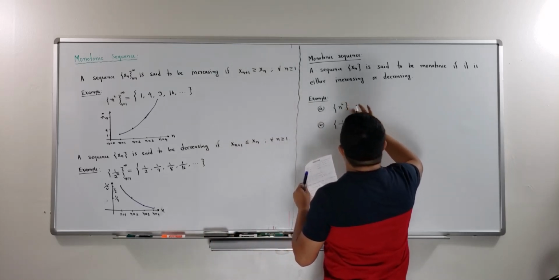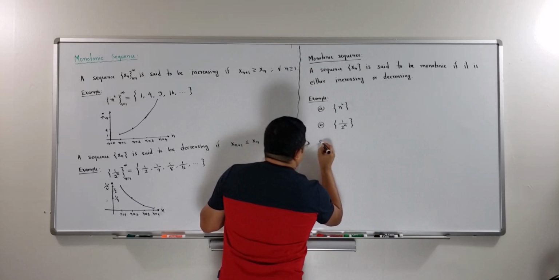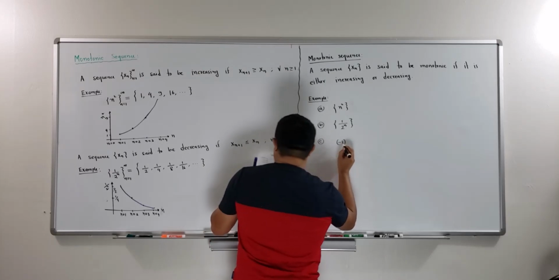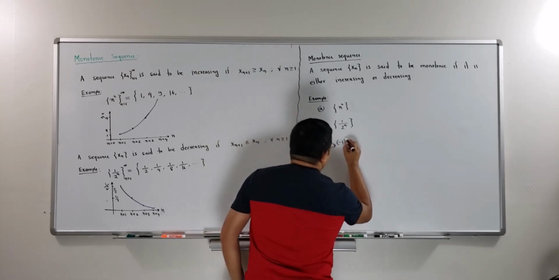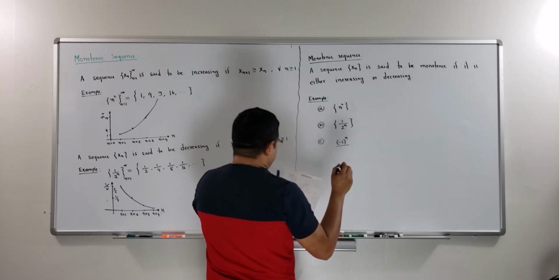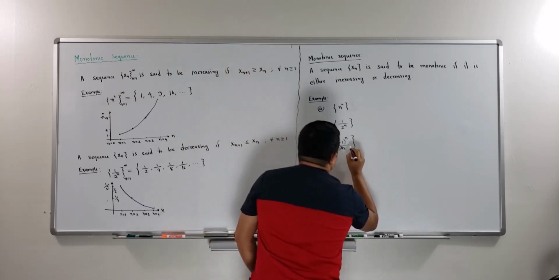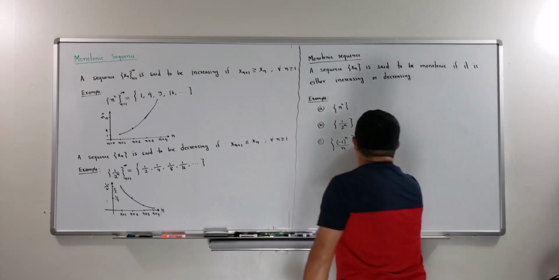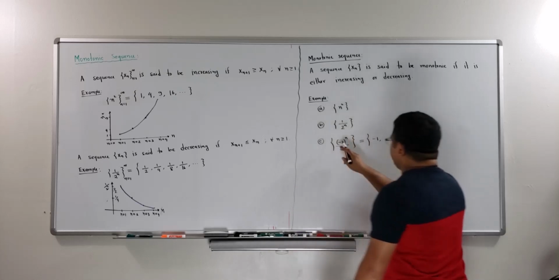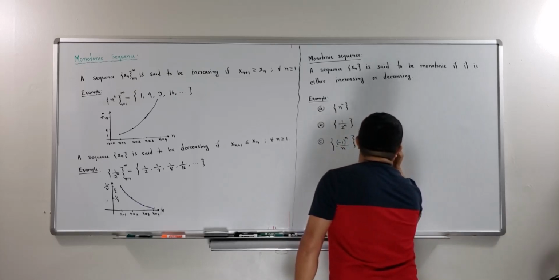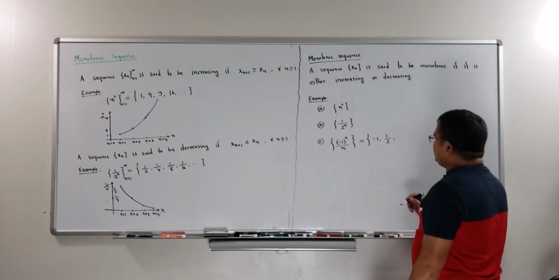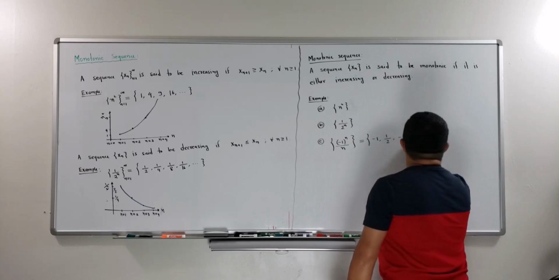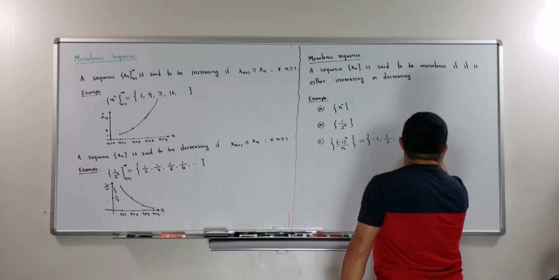Now see, consider negative 1 to the power n over n. When n is 1, it is negative 1. When n is 2, it is 1 over 2. When n is 3, it is negative 1 over 3. When n is 4, it is 1 over 4, and it keeps going on.